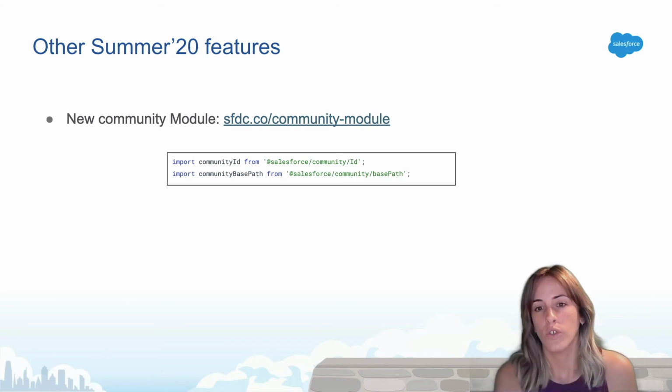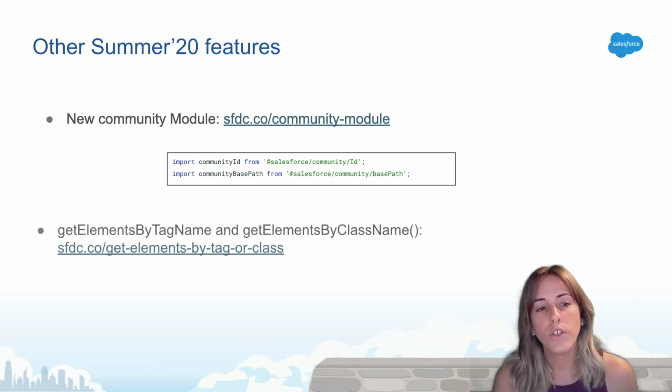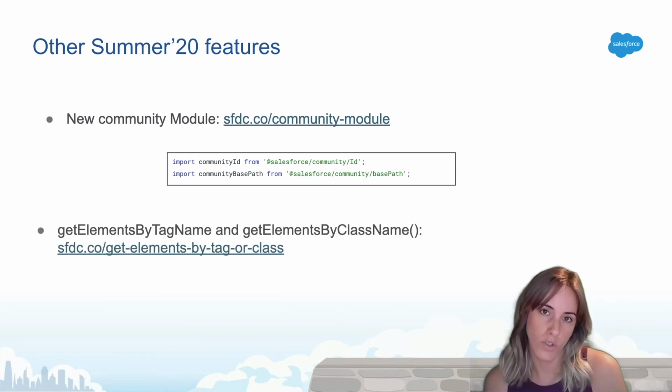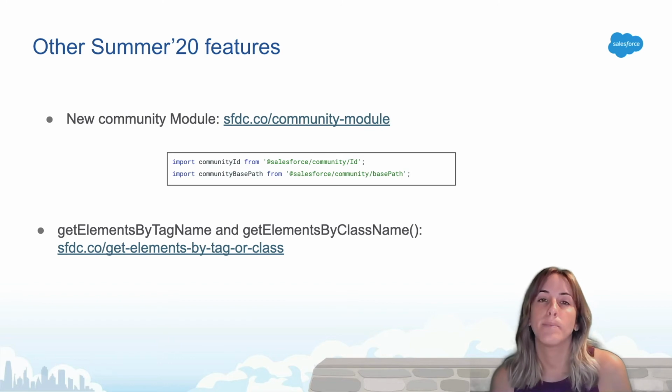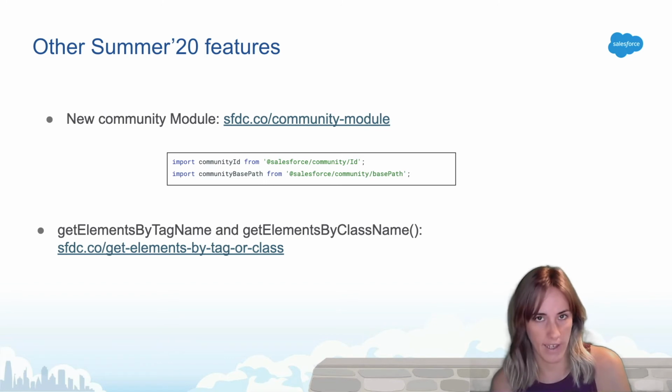And you want to, for example, show something differently in the component depending on the community in which it's being visualized. So super interesting. We also have added support for the get elements by tag name and get elements by class name functions. Bear in mind, these functions are part of the element class on the web API, right?